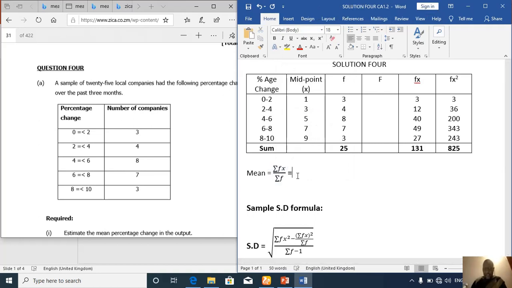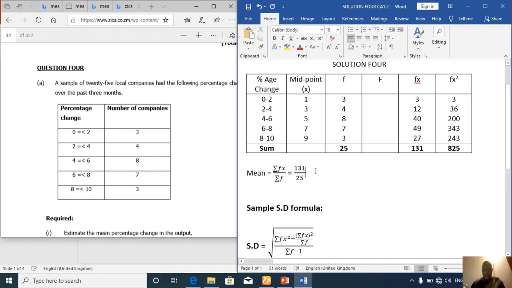So this is going to be equals to, summation fx is already calculated. So summation fx is 131, and summation f, we've already calculated that. Summation f is 25.